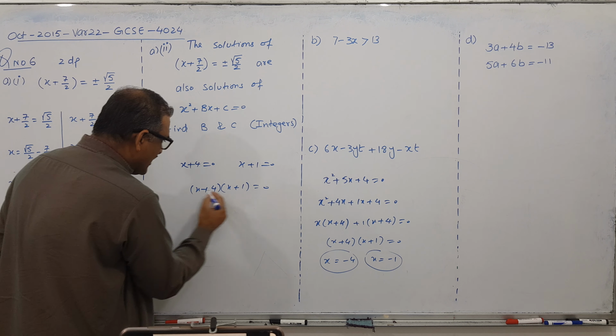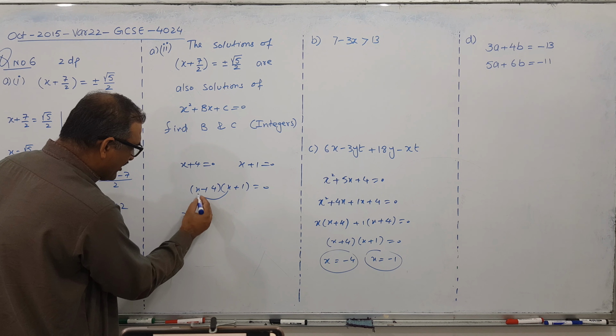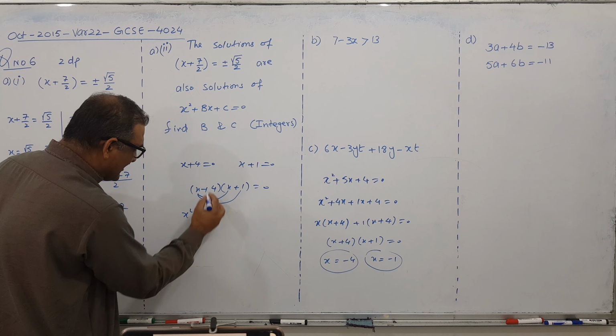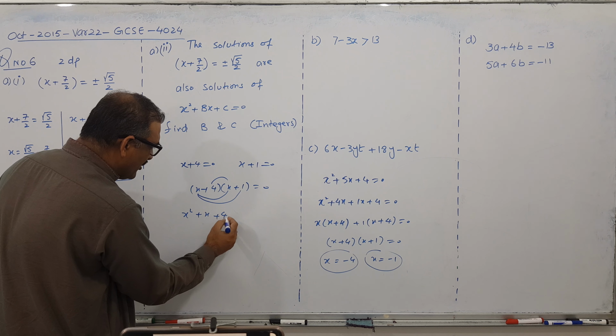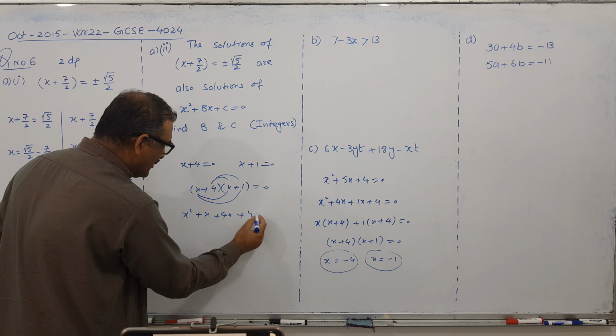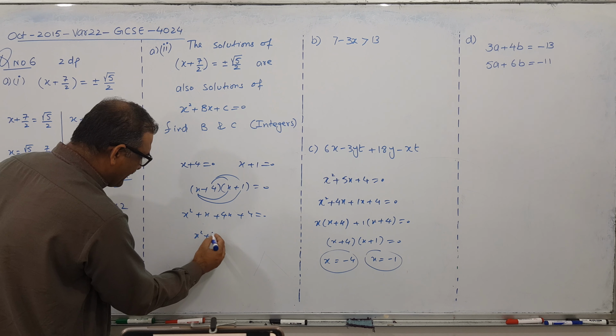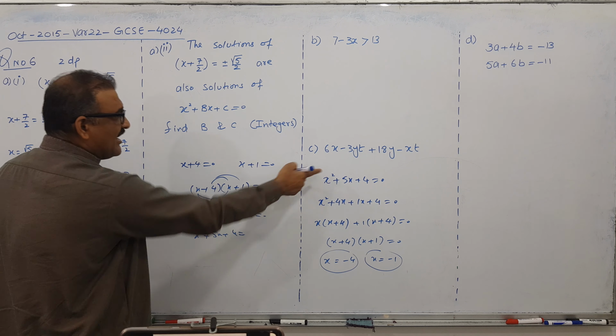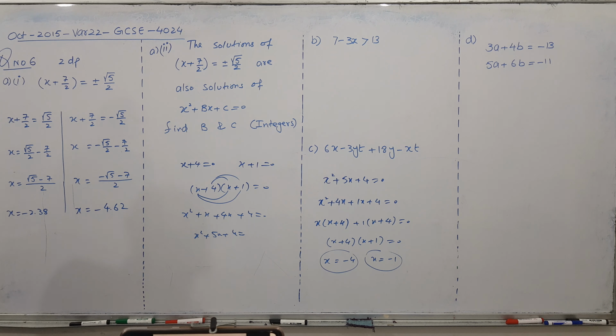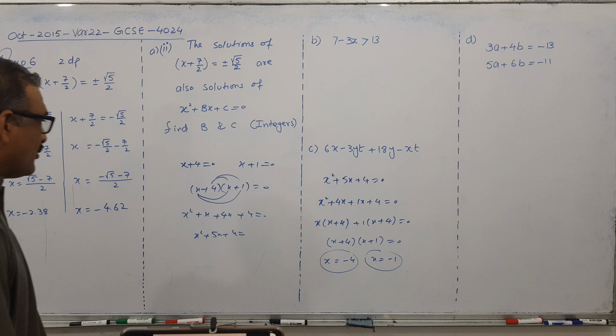X times x gives you x squared. X times 1 gives you x. And this will give you 4, and this will give you 4. And solving, we got 5x and plus 4 equals 0. So they match. It means when I go backward, I can get my answer very easily.